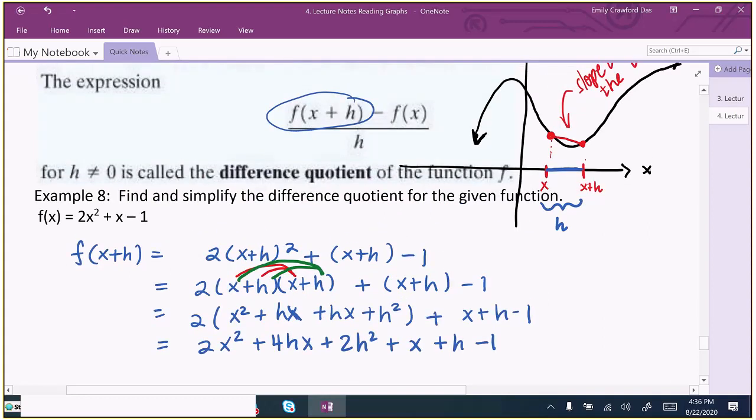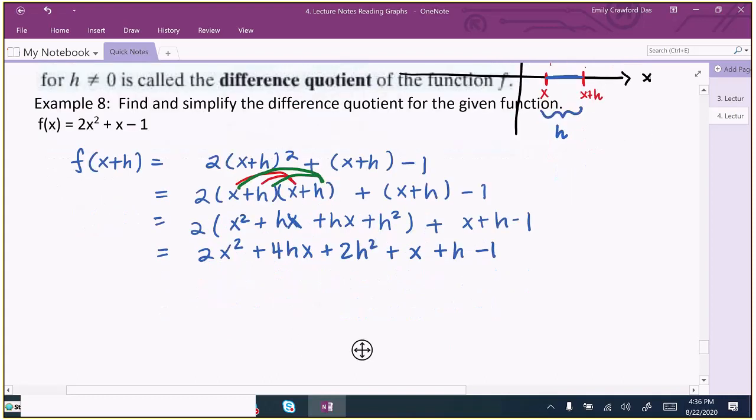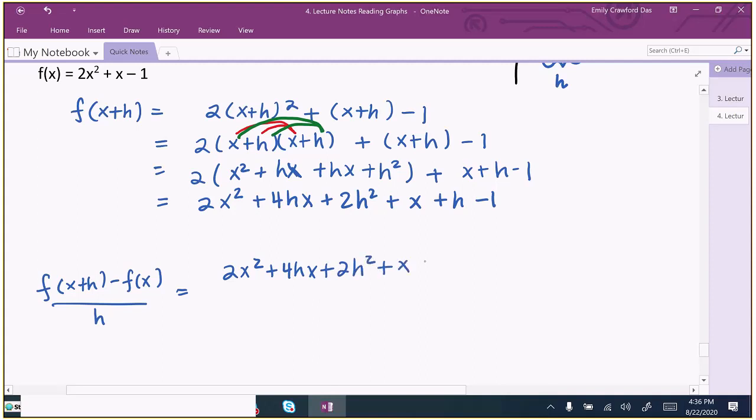What else do I need for my difference quotient? Well, I need minus f of x, and then I want to divide the whole thing by h. So if I put it all together, I have f of x plus h minus f of x all over h. Well, that's going to be equal to this thing, 2x squared plus 4hx plus 2h squared plus x plus h minus 1, minus, I'm going to subtract all of f of x, so minus 2x squared plus x minus 1.